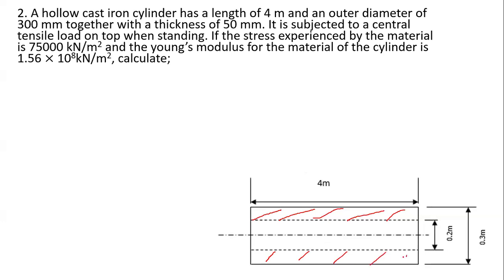The length is 4 meters. This is a hollow cast iron cylinder, length 4 meters. The outer diameter is 0.3. Then we also have a thickness of 50. So this is the thickness, meaning from here to there, you have it as our 50. It's the same thing you have there. This is also your thickness.